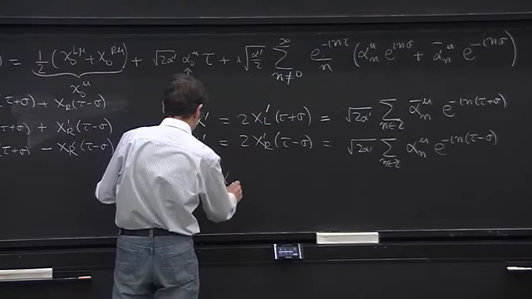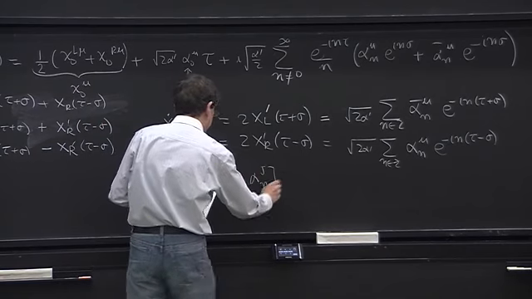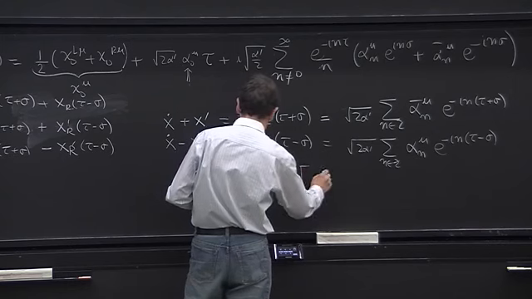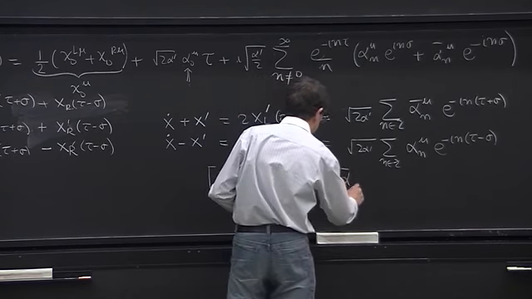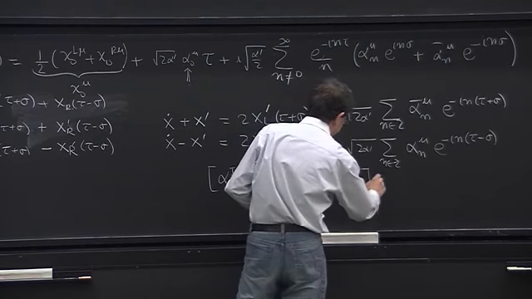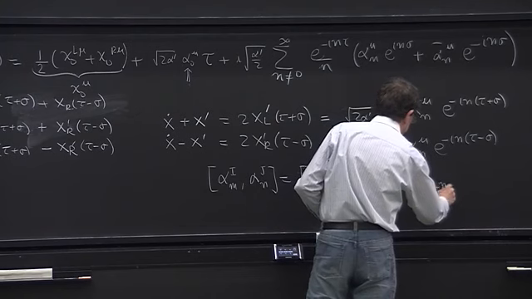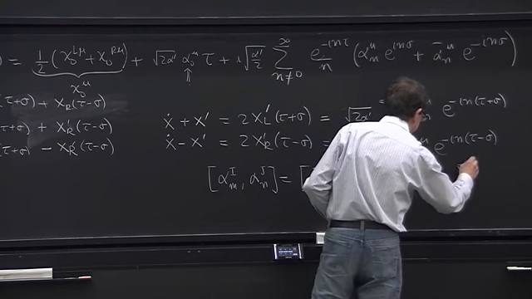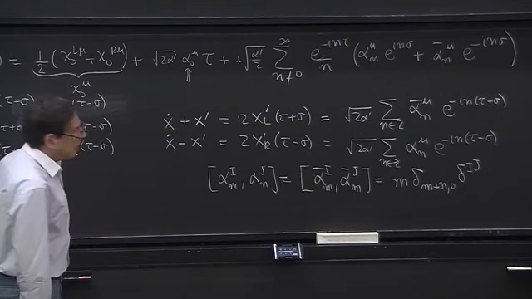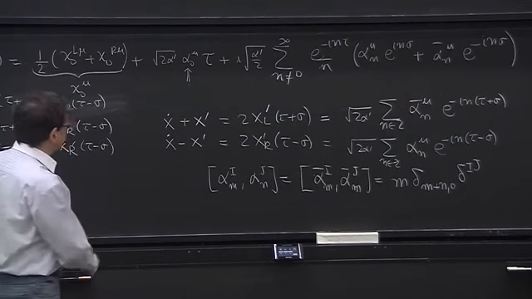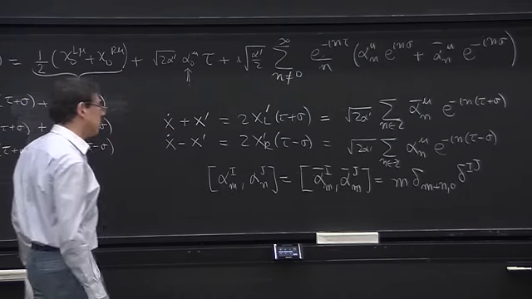So alpha m i, alpha n j is equal to alpha bar m i, alpha bar n j, and it's the same that you had in open strings, which is this commutation relation. If you want to put the square roots and relate it to a's, that's also possible.